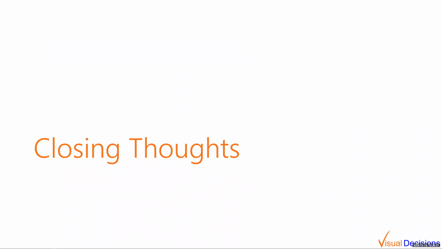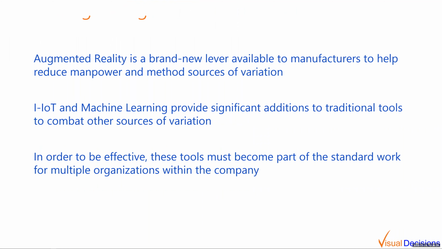So some closing thoughts here. I've actually found that the IoT and the machine learning provide significant additions to the traditional tools within lean manufacturing and so forth to combat the machine sources of variation, as well as some things around the method and the person as well, and some of the things that we didn't talk about in terms of the materials and the environment and so forth.